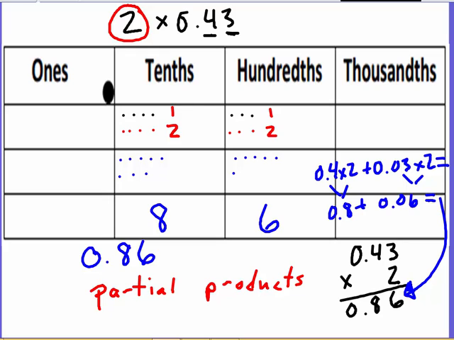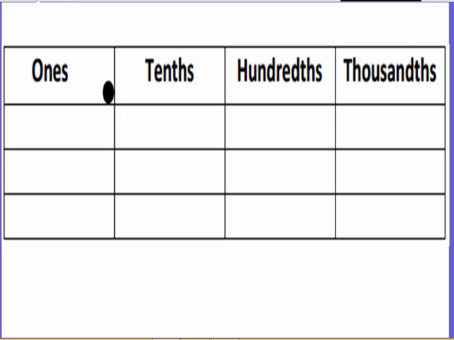Okay, let's look at another one now. I'm going to have 2 times 423 thousandths. So what am I going to start with? Well, I'm going to start with putting my dots in each place value. 1, 2, 3, 4 in the tenths, 1, 2 in the hundredths, and 3 in my thousandths, 1, 2, 3.